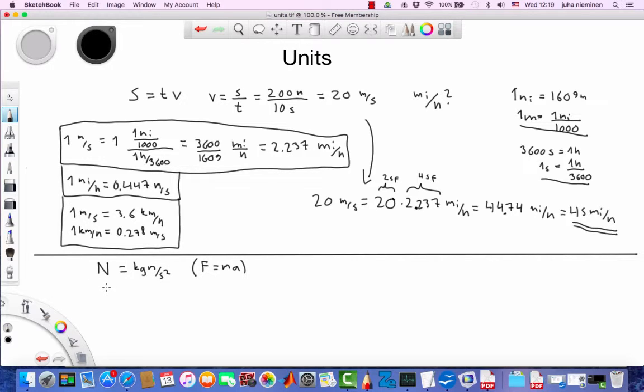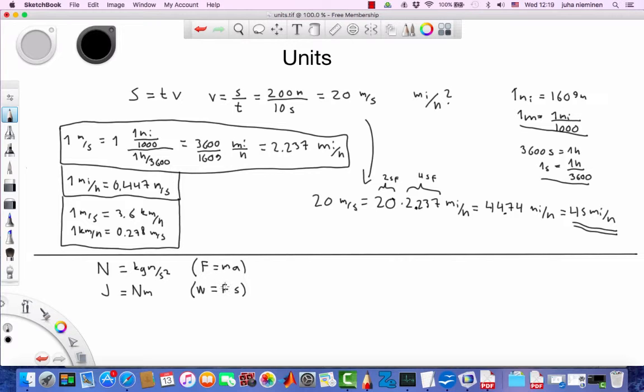Another one is the unit of energy, a joule, which is in fact Newton meters. And this follows, for example, from the definition of work. So if we are applying a force to an object and it moves a distance s at the same time, we get energy.